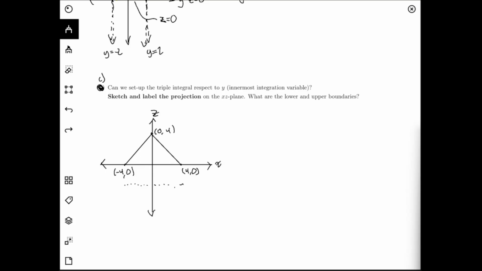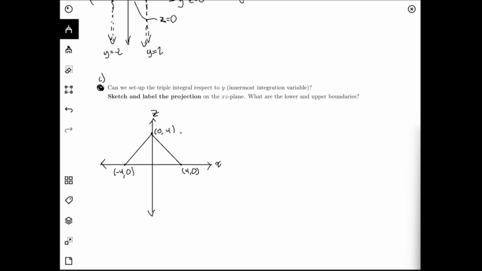That means that we're going to have to make 2 different functions, and we'd rather not do that. So instead, we're going to make z our outermost. And so as we go along z, we have a lower bound out here, upper bound out here for x. And we only have one equation to make because we have one set of lower and upper bounds.